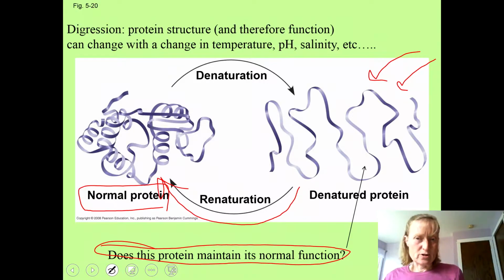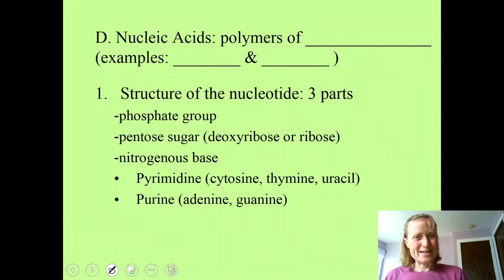Structure determines function, and we'll see this again and again, where protein structure, if it changes, will affect its function. So a protein enzyme that catalyzes a reaction, if it changes shape, won't be able to catalyze the reaction. All right, we'll take a look at nucleic acids in the next video.